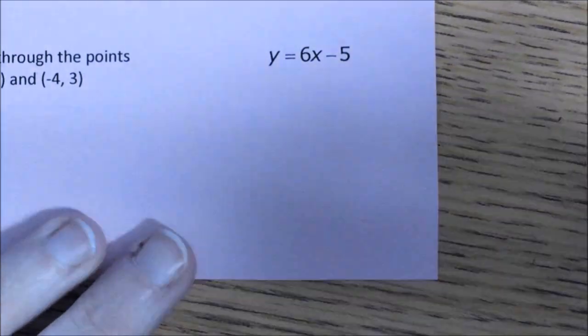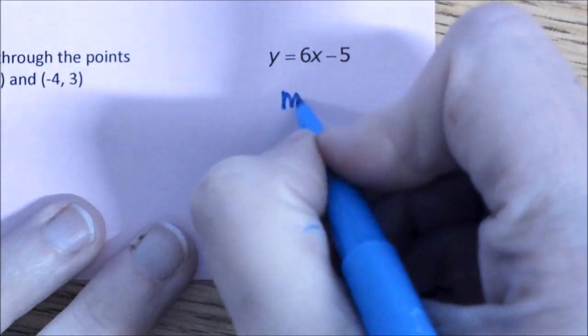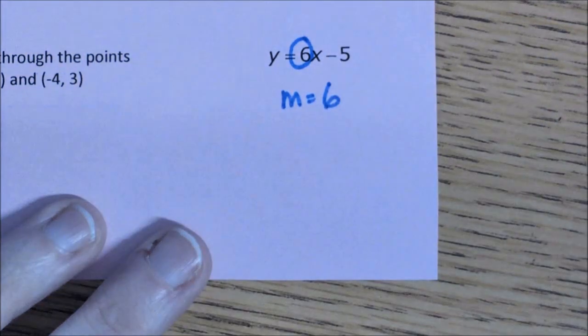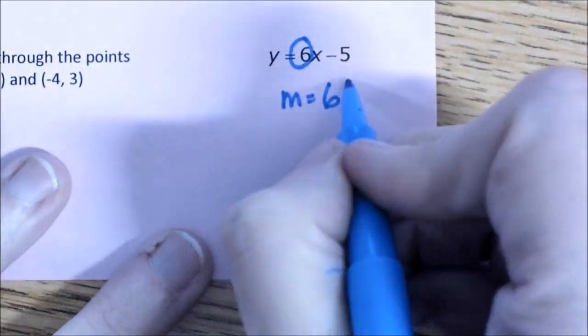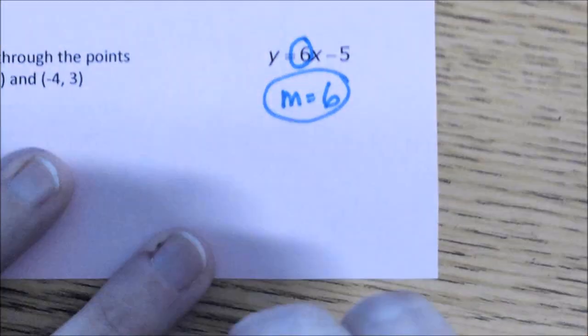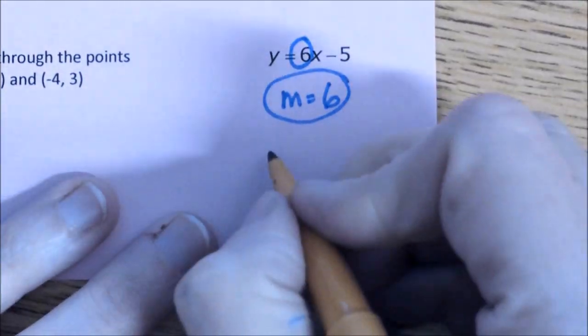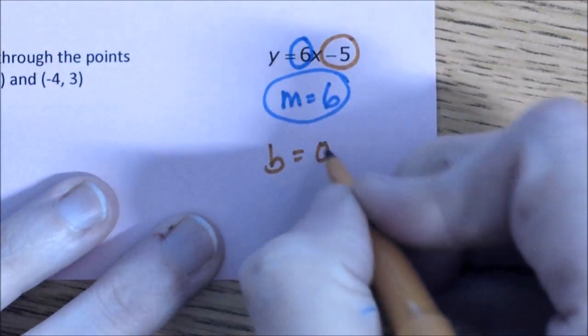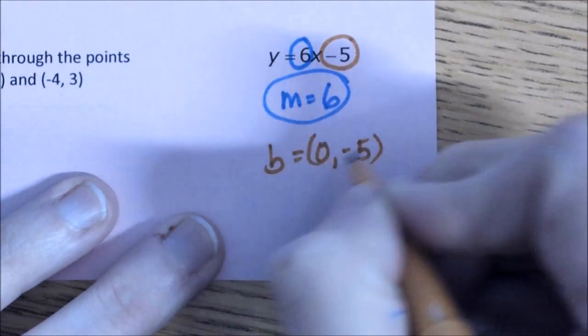Okay, and in this last equation here, y equals 6x plus 5, my slope is whatever number is in front of the x. Okay, well, let me circle that. My y-intercept is whatever number is by itself, which is 0, 5.